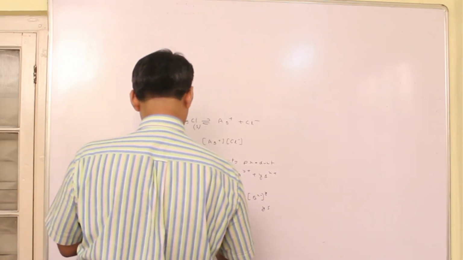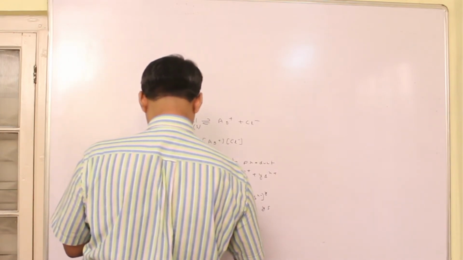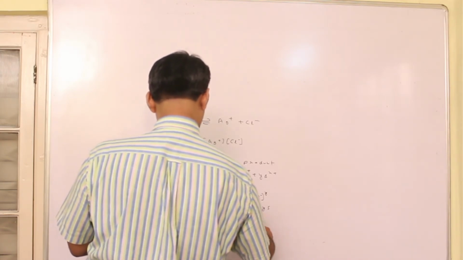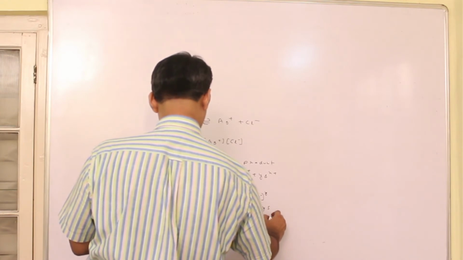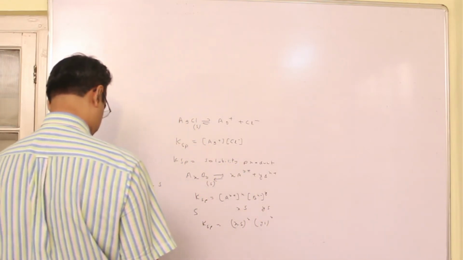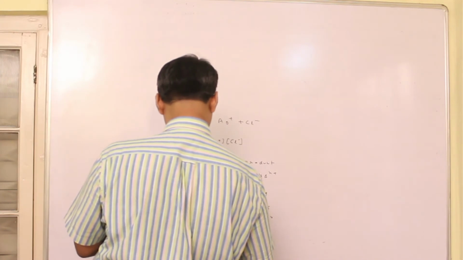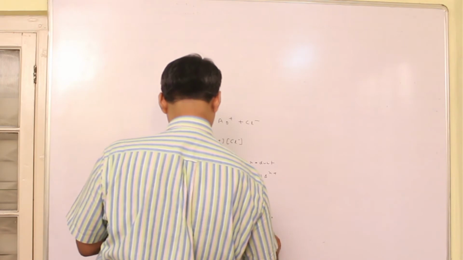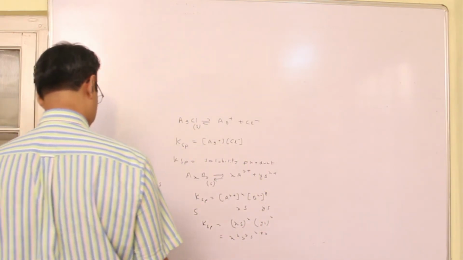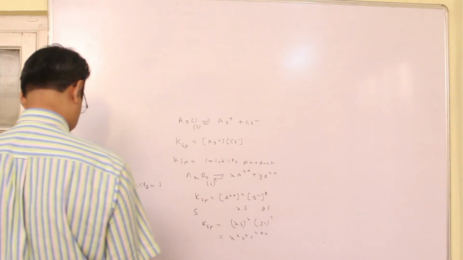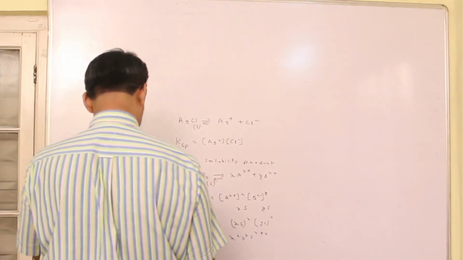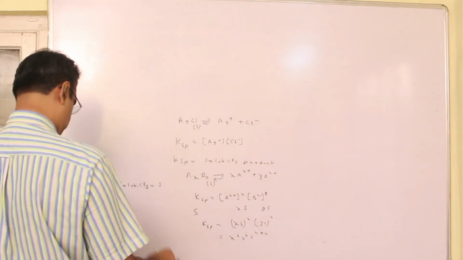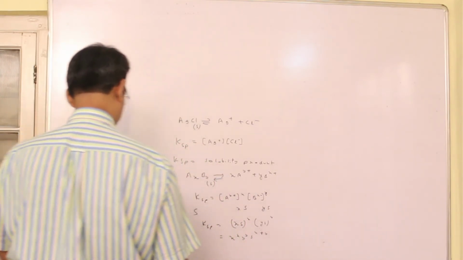So in that case, Ksp will be (xS) to the power x into (yS) to the power y, so it will be x to the power x into y to the power y into S to the power (x plus y). So this is the very useful formula to find out the solubility product.